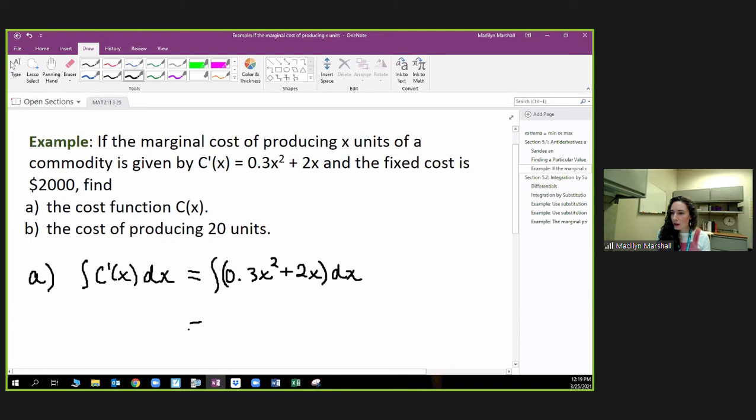So when we do that, we will use the rules we were just using. So if we raise this power by 1, I'll just write out the steps. Raise the power by 1 and divide by the new power. Same thing here.